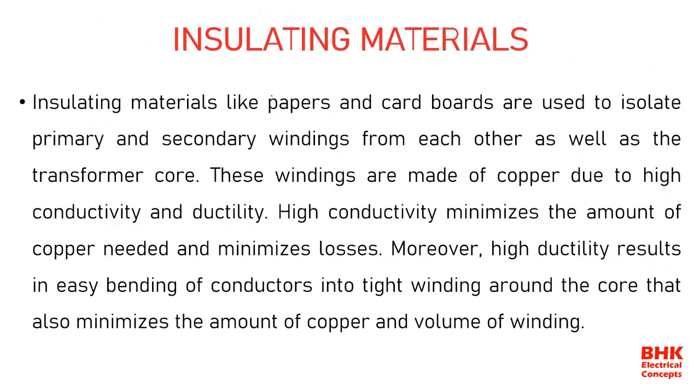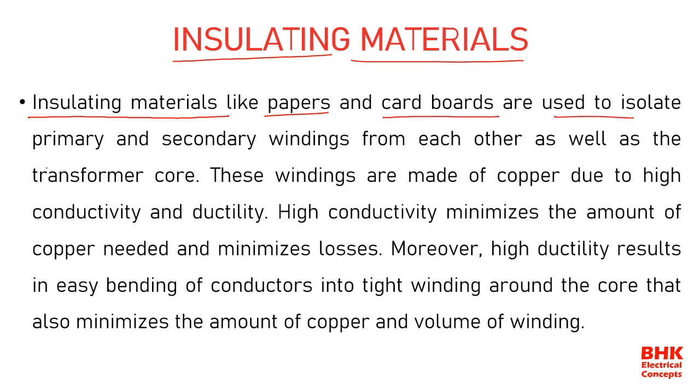Now coming to the insulating materials. Insulating materials like papers and cardboards are used to isolate the primary and secondary windings from each other as well as from the transformer core.